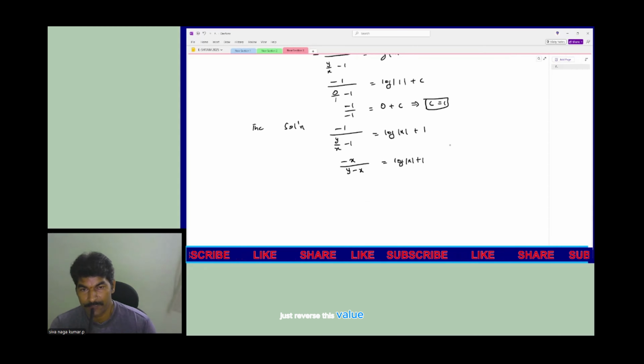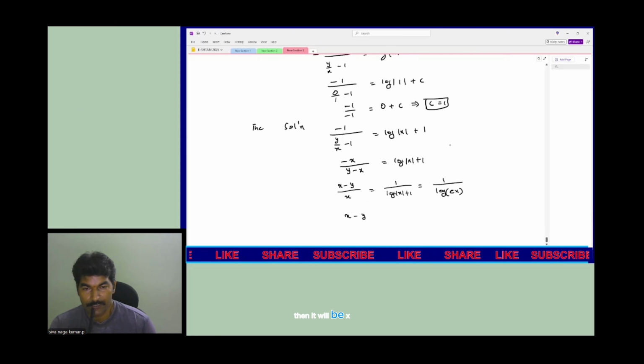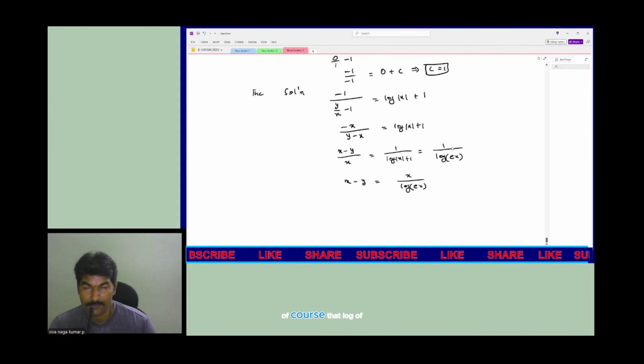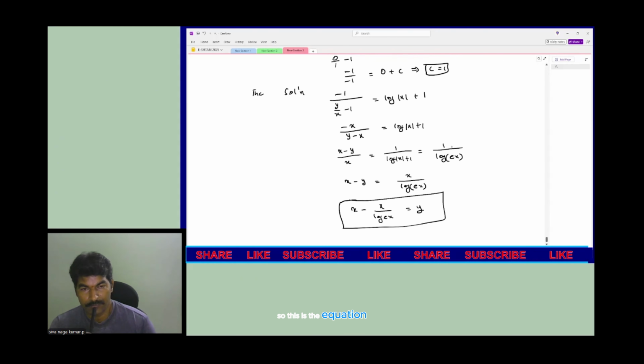Just reverse this value. x minus y by x equal to 1 by log mod x plus 1. This log mod x plus 1, you can write as log ex under modulus, of course. If you do cross multiplication, then it will be x minus y is equal to x by log ex. Of course, that logarithm has base e. And x minus x by log ex is equal to y. So this is the equation.